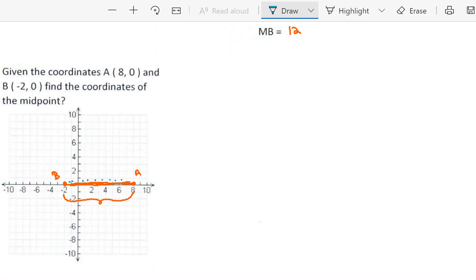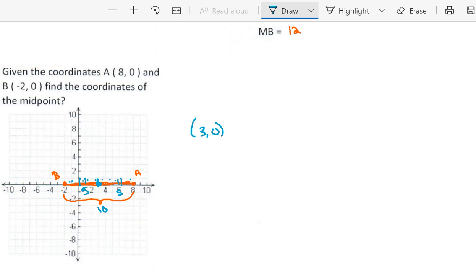So I know that whatever is going to be splitting this in half is going to make it 5 and 5. So I would go for this point right here, because that's the point that's going to make this 5 and that's going to make this 5, because the whole thing is 10. And that's just from counting. So the midpoint would be the point 3, 0, because that's where it splits it, so it's 5 and 5 on both sides.